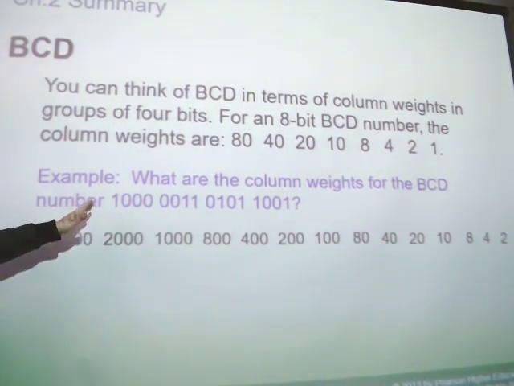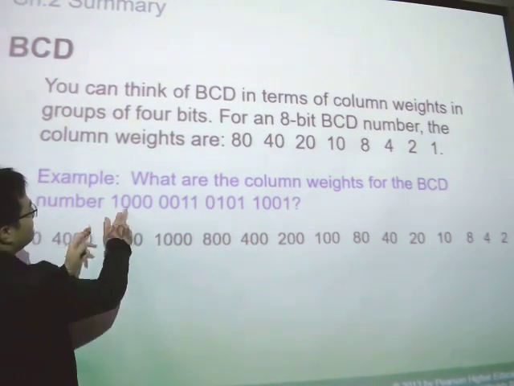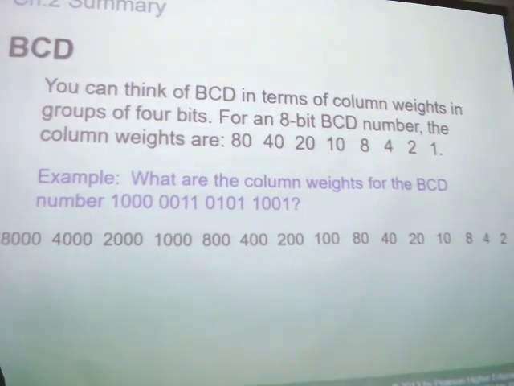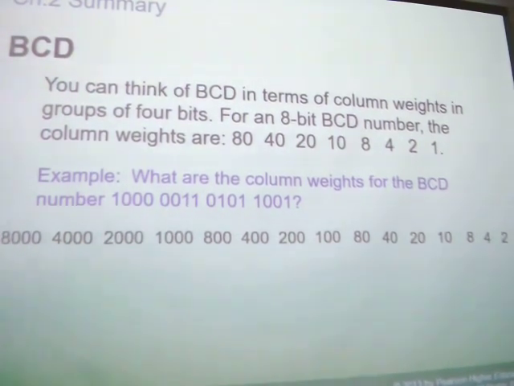Very easy. Each four-bit binary number represents one decimal digit.